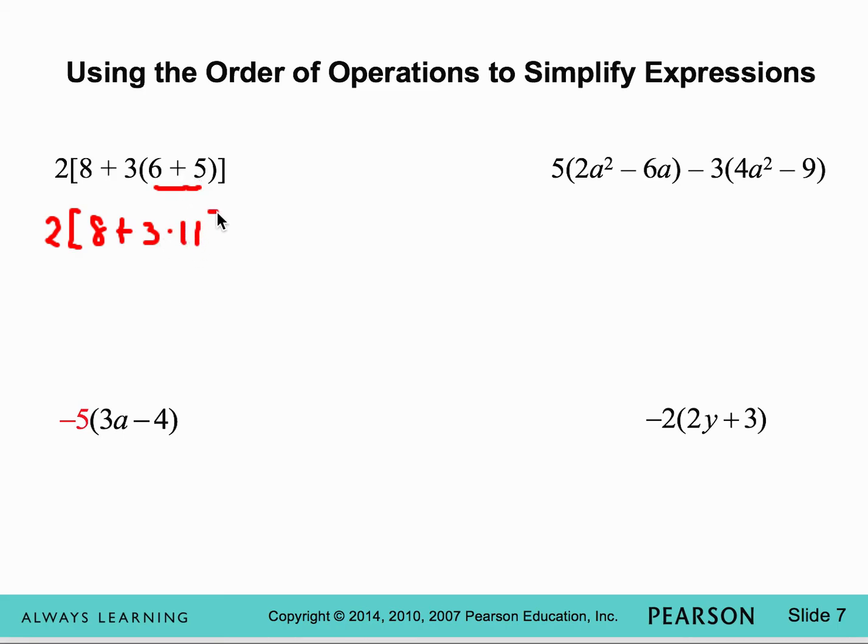That's just 11. Now when I'm working inside these parentheses, there's more than one operation, and we got to do multiplication before addition. So that's 8 plus 33. Still working inside the parentheses. So this is 2 times, what's that going to be, 41, which is 82.